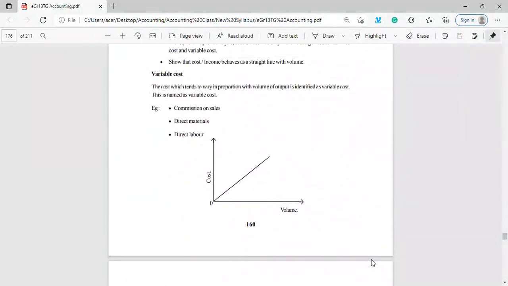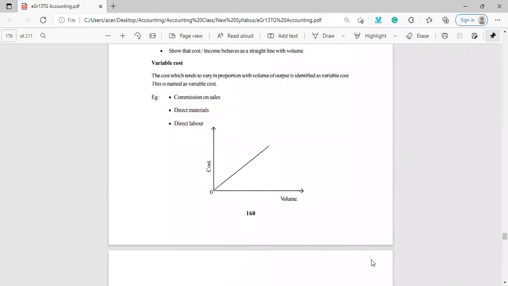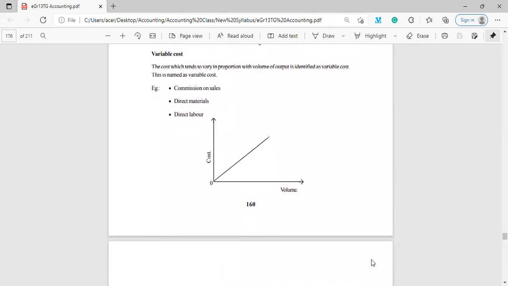So how does the variable cost look in a graphical method? The cost which tends to vary in proportion with volume of output is identified as variable cost. Now you see, when the volume increases, your cost is also increasing. We are assuming that the variable cost per unit is constant, so when your volume increases, the total variable cost is increasing.